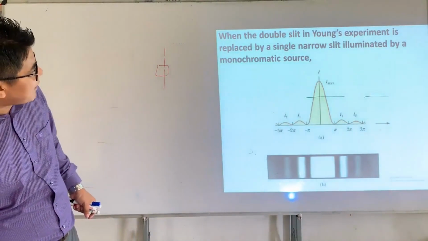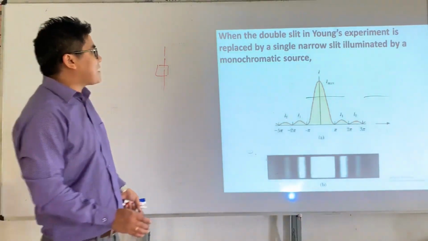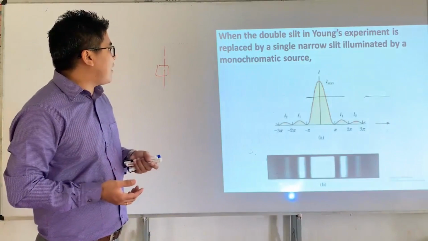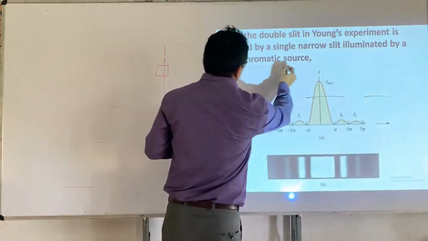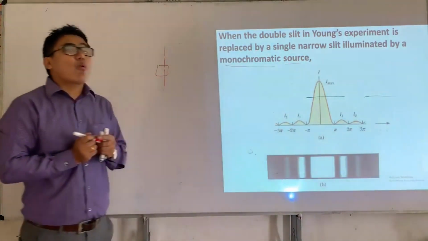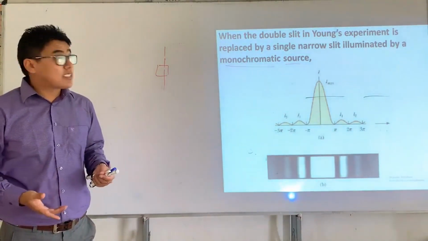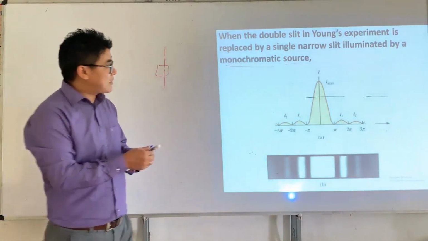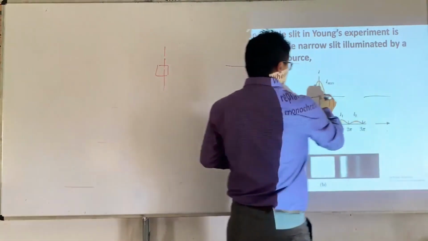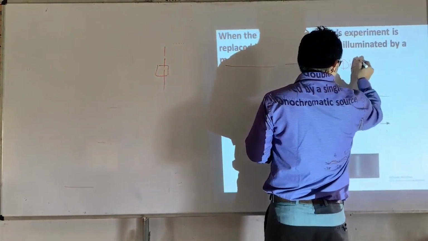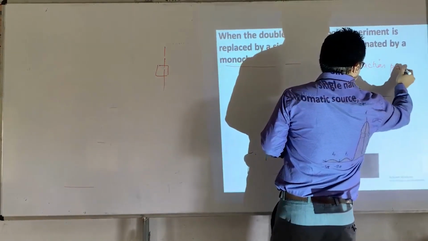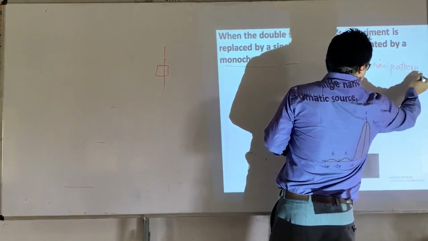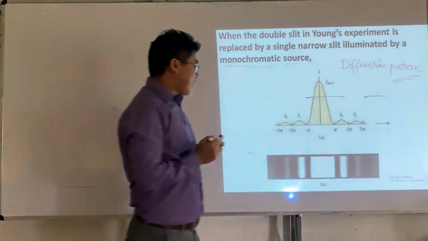When the double slit in Young's experiment is replaced by a single narrow slit illuminated by monochromatic light, which means a single wavelength, and that is very important, we are going to see a diffraction pattern.